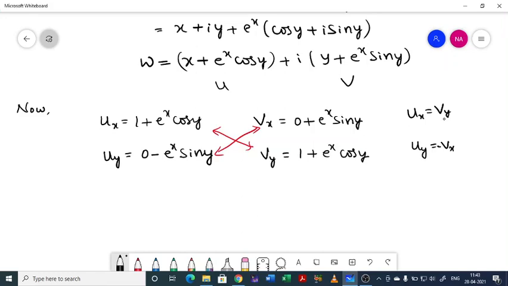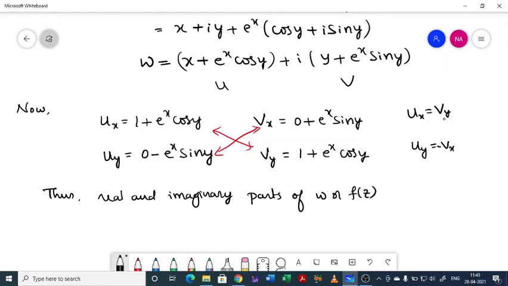So this shows that the given function is satisfying CR equations. Thus the real and imaginary parts of w or f of z satisfy the CR equations.